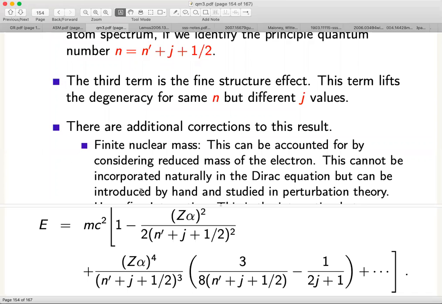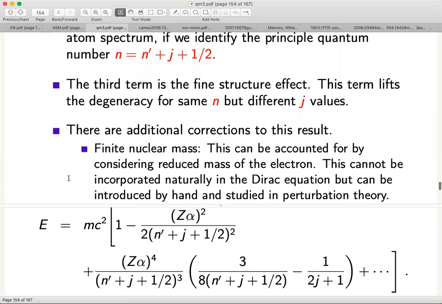Now, in the Dirac equation case, what you need to do is to treat this perturbatively. You actually introduce a nuclear mass term and check the corrections order by order in the mass of the nucleus. Is this because we cannot mess with the dispersion relation?